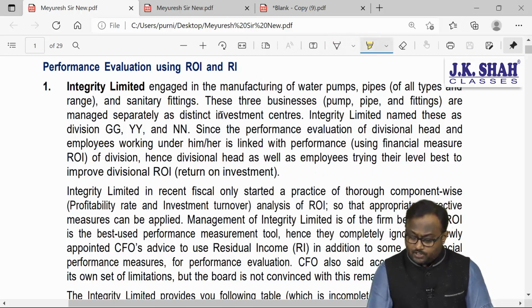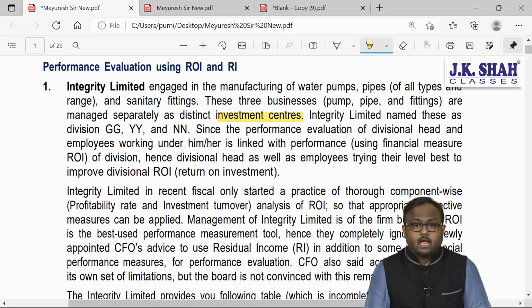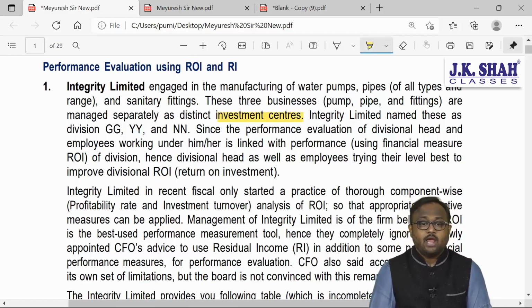Integrity Limited named these divisions GG, YY, NN.